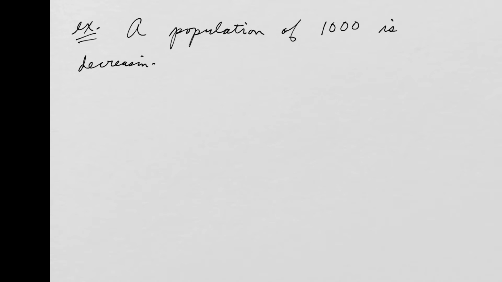Let's say you're told a population of 1,000, so 1,000 people, is decreasing 3% each year. Find the population in 30 years.